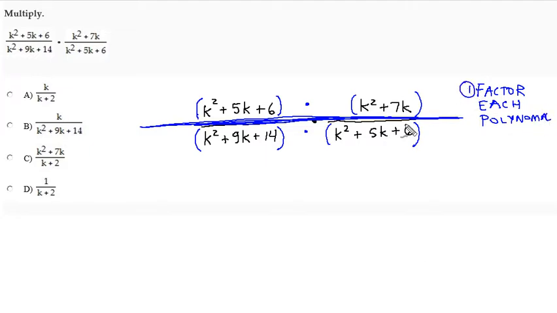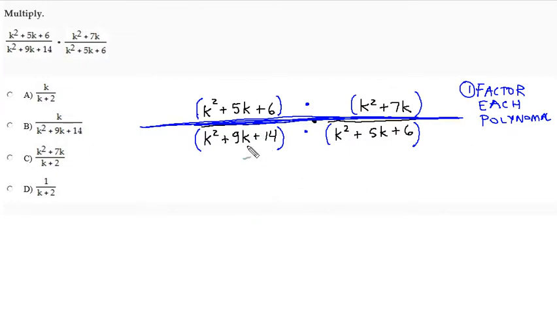This is our first step now, after joining them together. The overall goal here, of course, is to simplify the fraction. When we have fractions, we're obligated to give the final answer as a simplified fraction. So that's why we're factoring each of these polynomials.